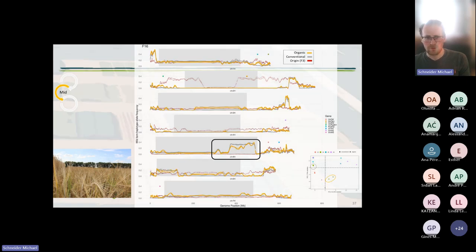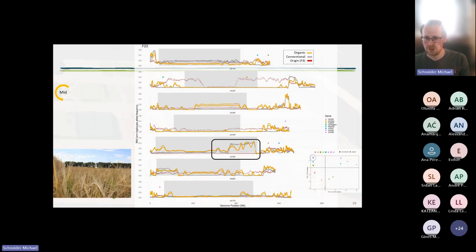Okay, let's go a bit further. 16th generation, 22nd generation, 23rd generation. We still see this quite big peak. We see here in the gray line, representing one farm, that this entire block has remained quite stable. But for the other farm, we see a bit more selection pressure, where it's also differentiating between these different loci.